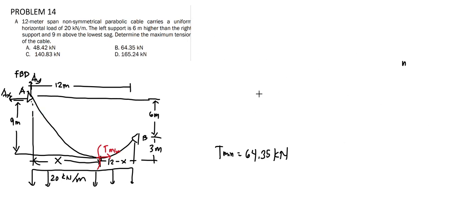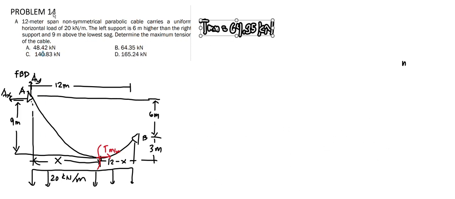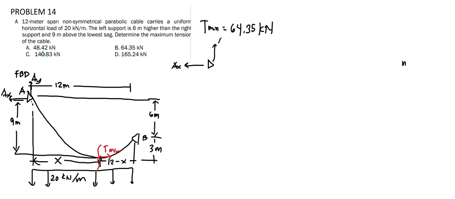Now that we have our minimum tension, we can now solve for the maximum tension, which usually occurs on the highest support. That is at support A. Now considering support A, we have a horizontal force of AX and a vertical force of AY.